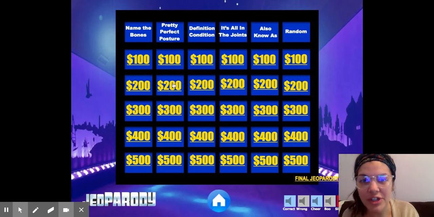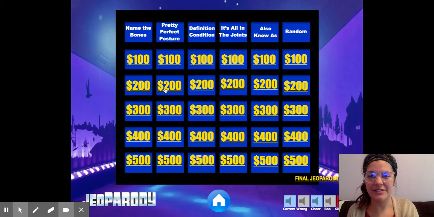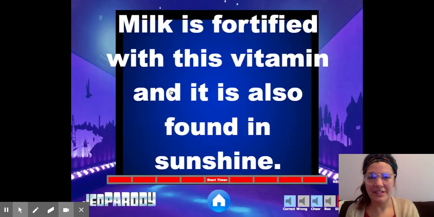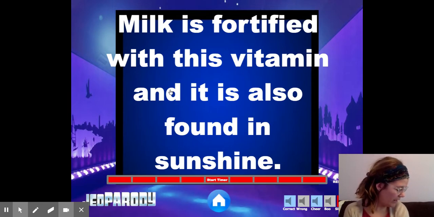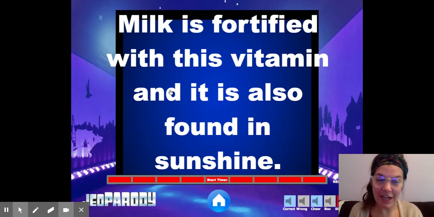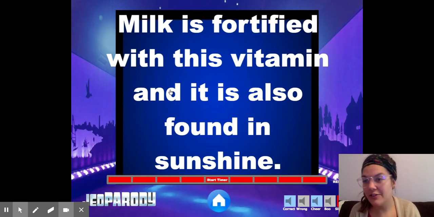Okay, let's do pretty perfect posture for 200. Milk is fortified with this vitamin and it is also found in sunshine. When you go outside, okay, you can find this. What is the vitamin?